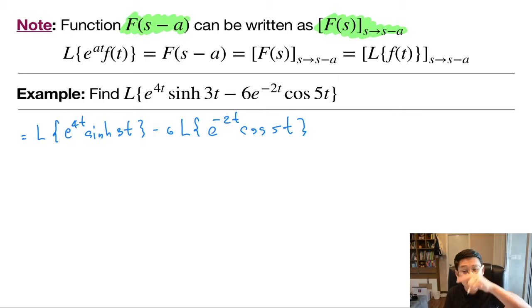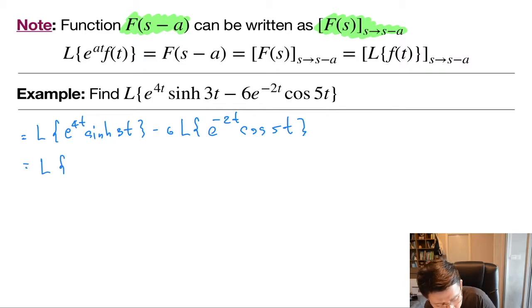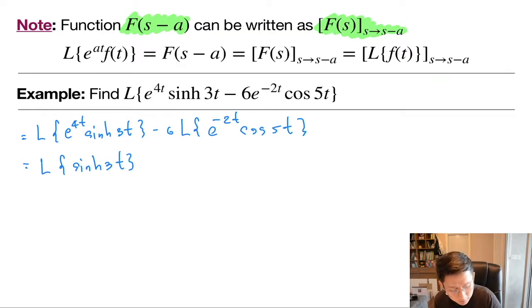So you will get the big F, and then you substitute s with s minus a, which is s minus 4 in this case. So you can write it this way: the Laplace transform of sine 3t, and then you substitute s with s minus 4.